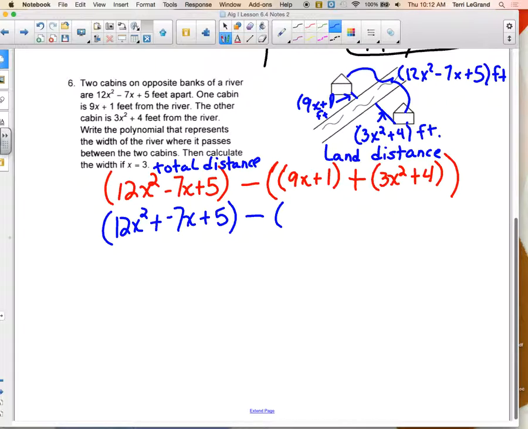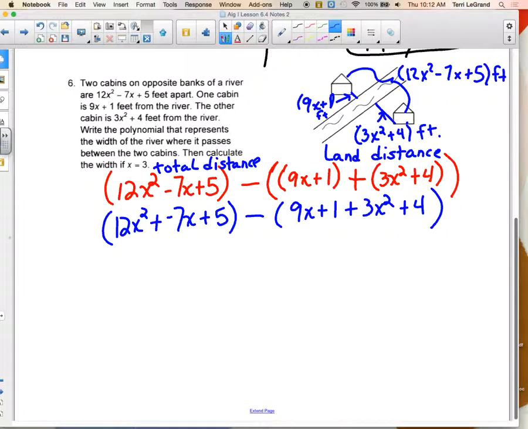So can we just ditch that inside set of parentheses John put together? So we could ditch those and say we have 9x plus 1 plus 3x squared plus 4. So we have a polynomial added to another polynomial. We're ditching their parentheses. The other parentheses are still there though, because that whole thing has to be subtracted from the total distance.